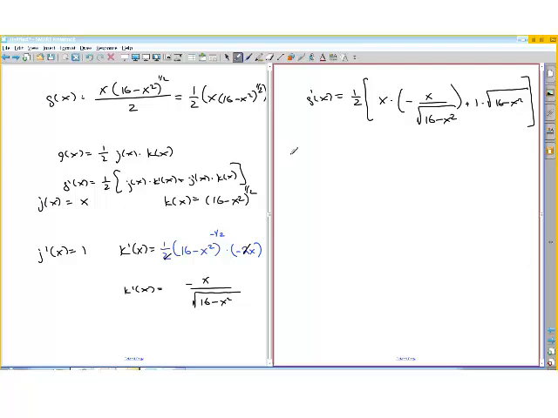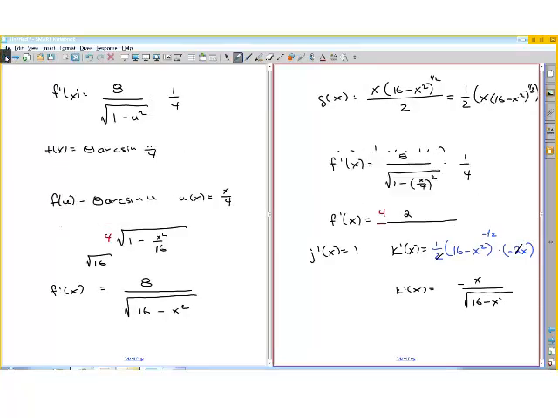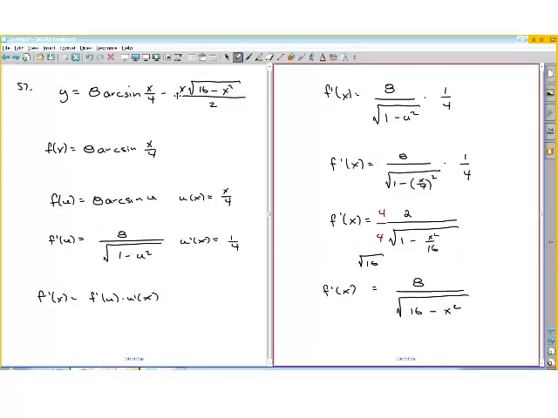Let's go back. Now we need to put everything together. We're going to take f prime of x plus g prime of x. That'll give us the final derivative because we started off with the sum of these two things.